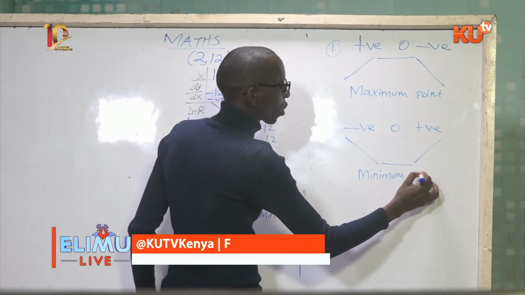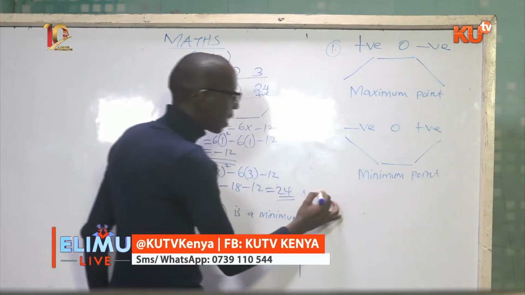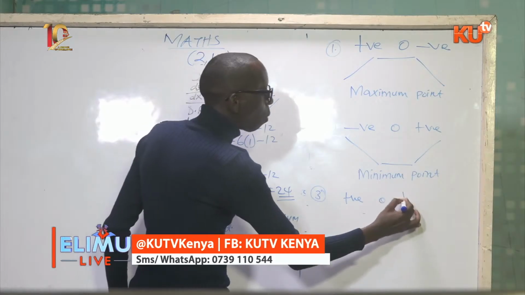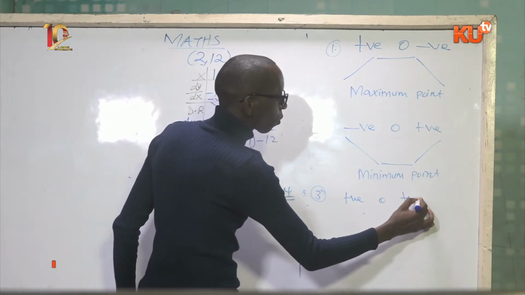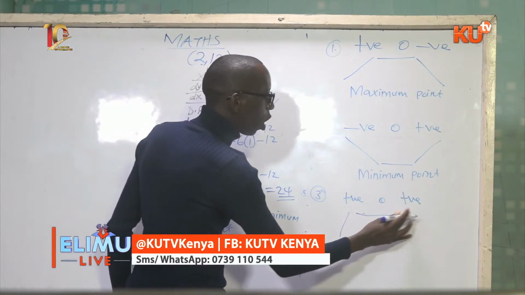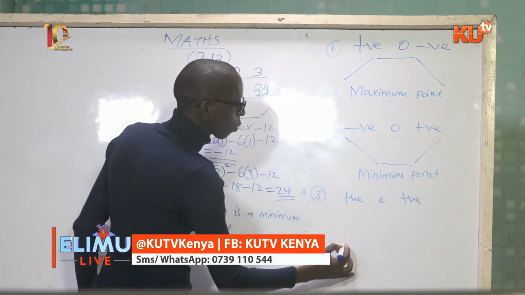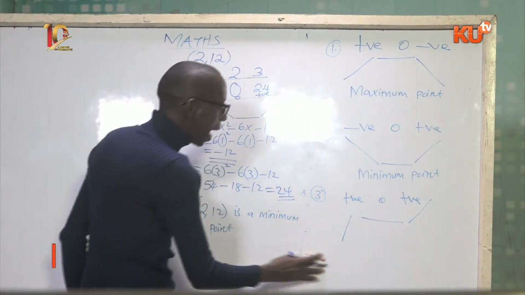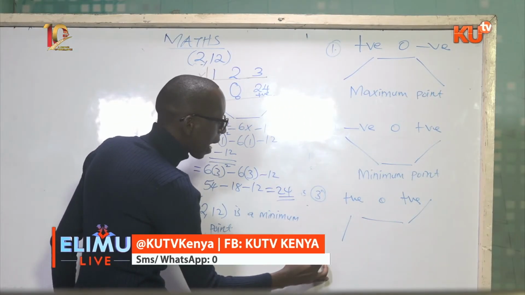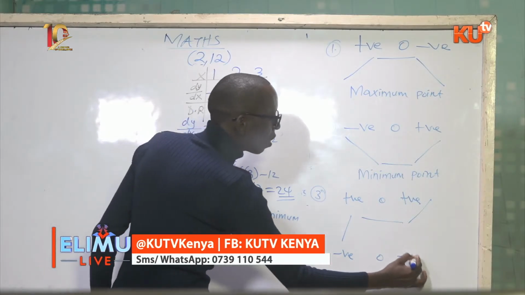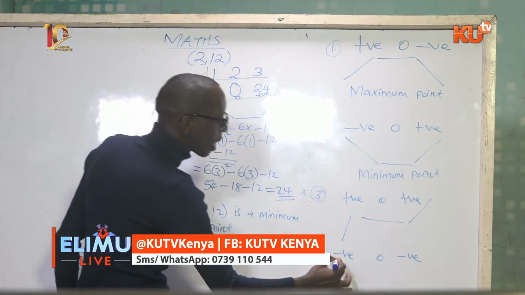2, if you get negative, 0, positive, we call it a minimum point. If you get positive, 0, positive, it slopes like this, or you get negative, 0, negative, which slopes like this.